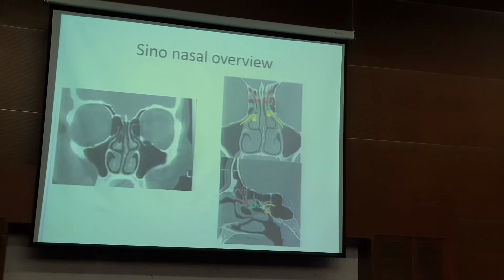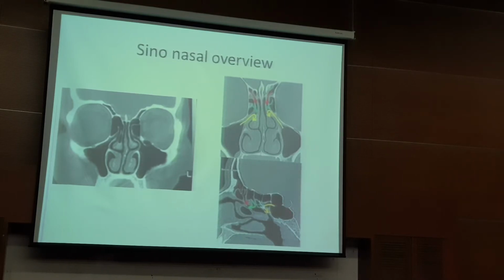What about the ethmoid sinus? The anterior ethmoid sinus drains into the ethmoidal bulla, into the hiatus semilunaris, then into the middle meatus. The maxillary sinus will drain into the middle meatus via the ostium and infundibulum, and it has its own passage through the osteomeatal complex.